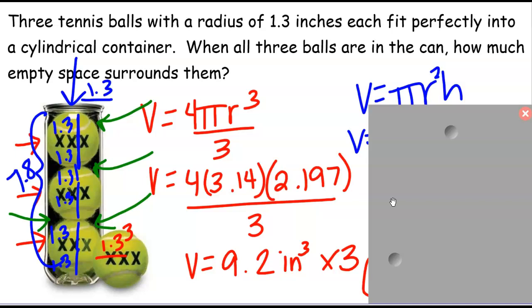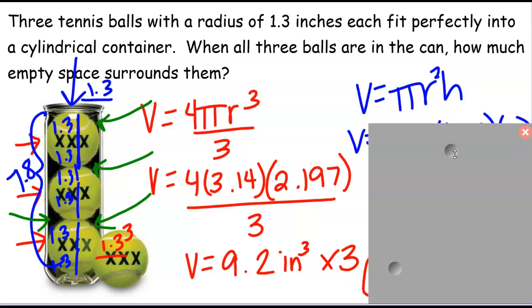Well, you see that each tennis ball has a radius of 1.3. So 1.3 and 1.3, 1.3 and 1.3, 1.3 and 1.3. So all the way up, that counts as the radius of 1.3. If I add those all together, I get 7.8 as my height. My radius is then 1.3. So I'm going to use my formula for a cylinder, pi r squared times height, and plug it in.